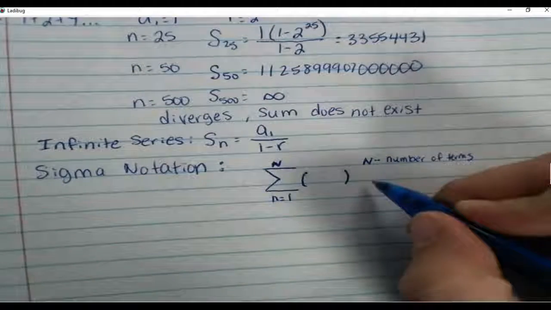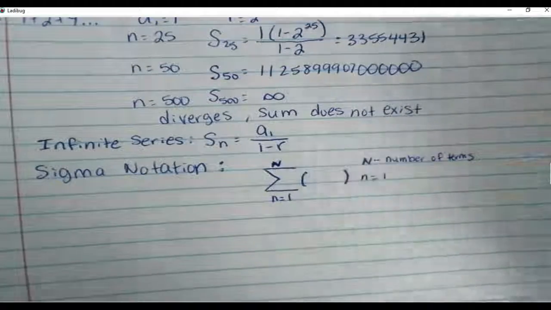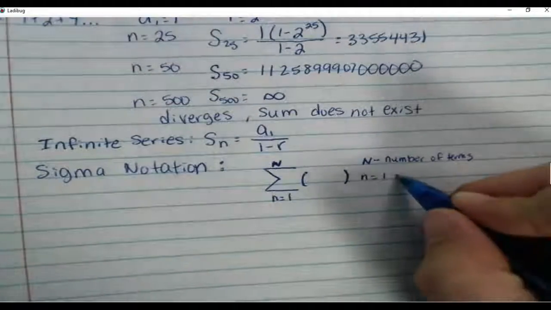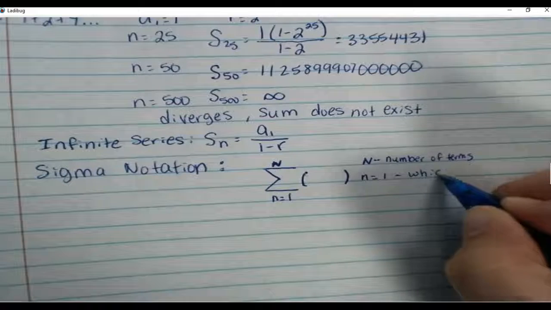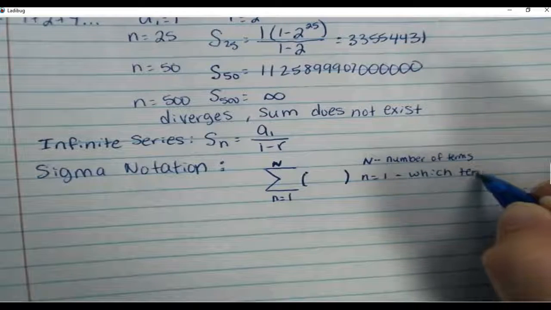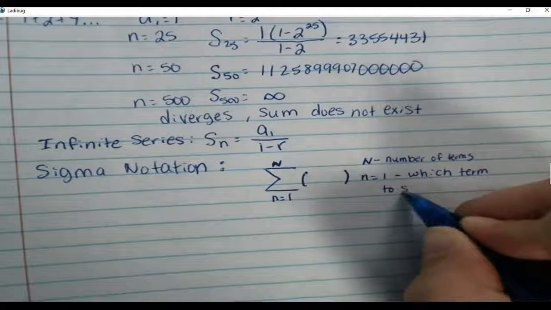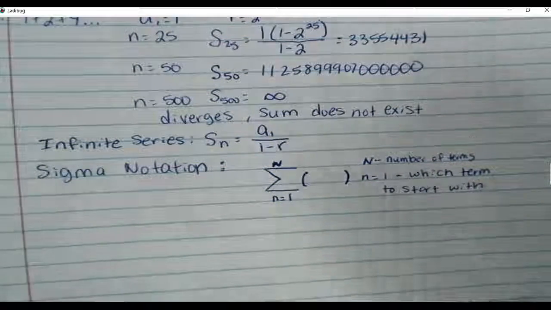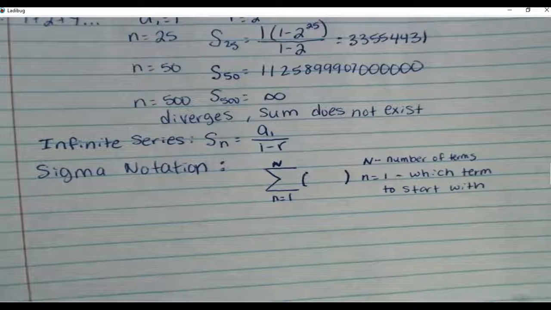And then the n equals 1, or n equals whatever that number is, tells you which term to start with. So the number on top tells you how many terms you're finding the sum for. The number on the bottom tells you which one you want to start with.